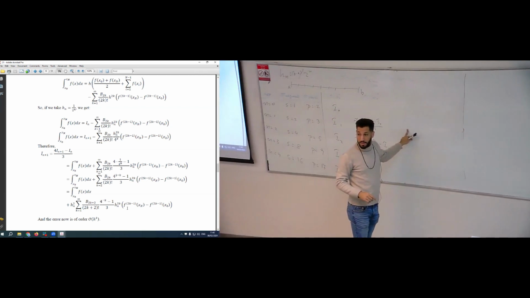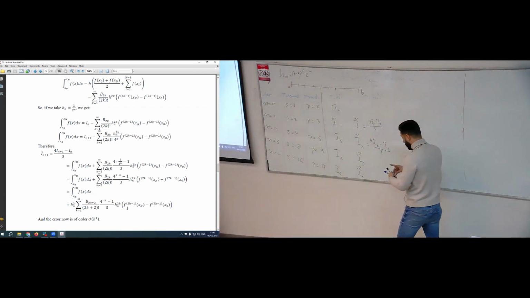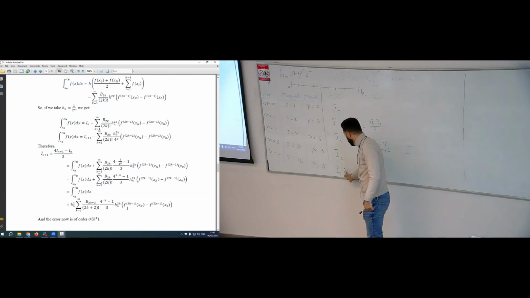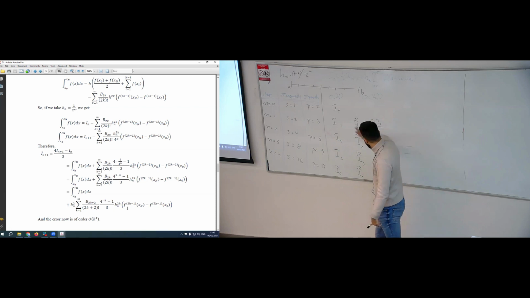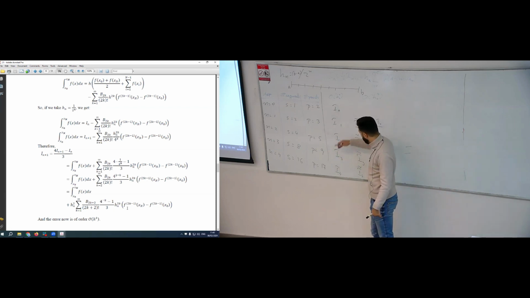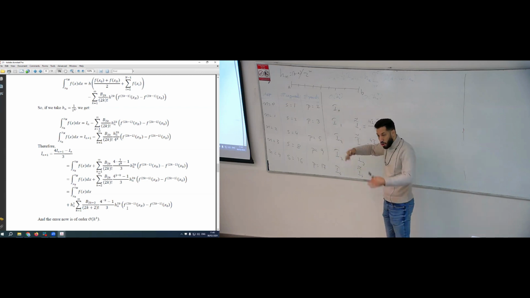It's a lot more computational work. Let's see: if I calculated this, it is of order n squared. This is n, so I have of order n squared calculations.